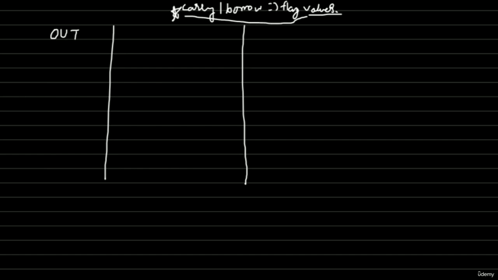Okay, now let's come to the next command, which is OUT. So OUT data, in which we are going to write output data and clear flag. It is very important that we clear the flag.